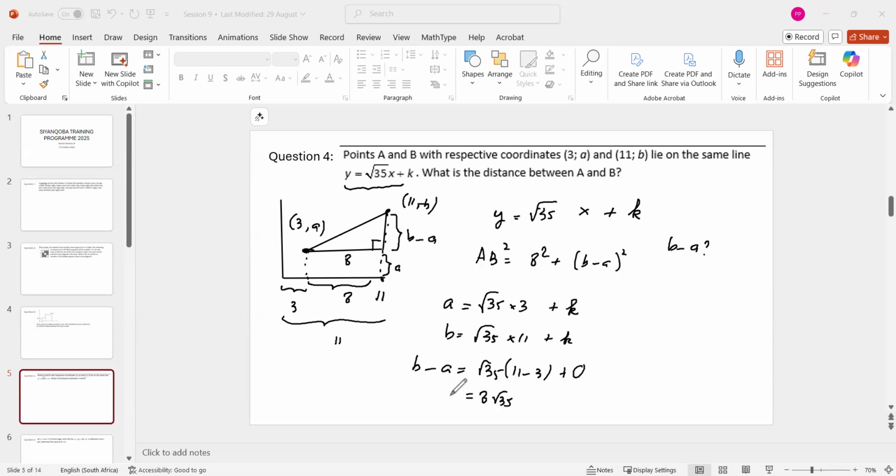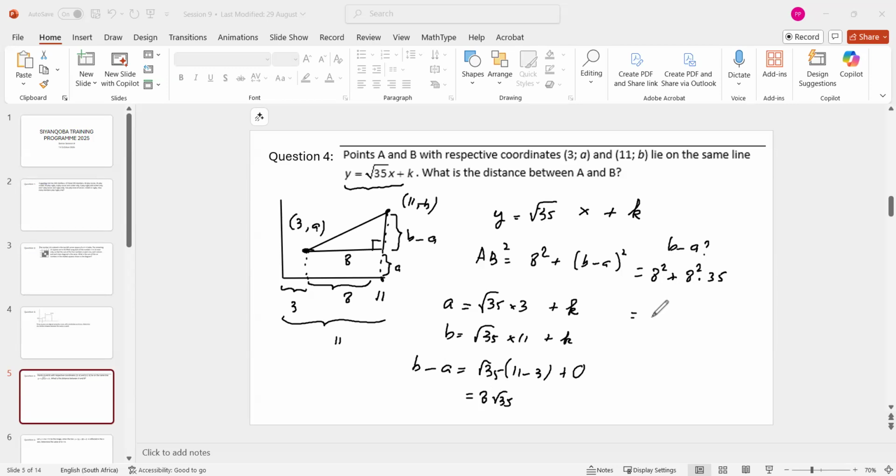So B minus A all squared is 8 squared times 35. So I don't even have to calculate this, because when you square this, I get 8 squared times 35.